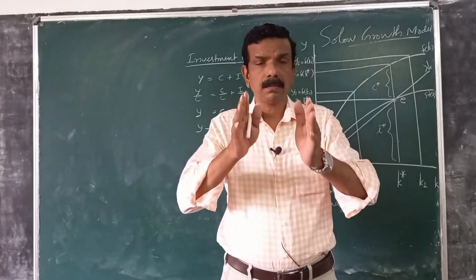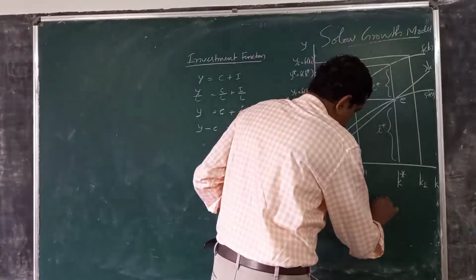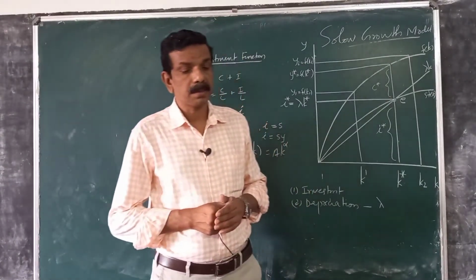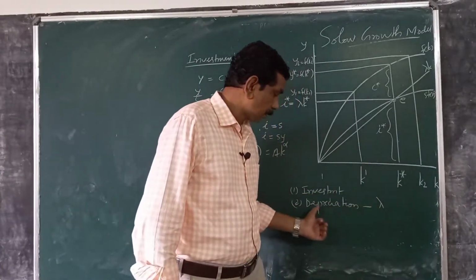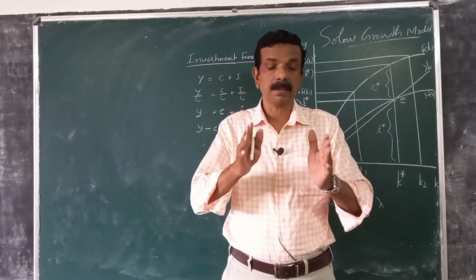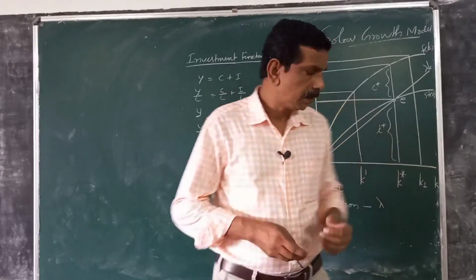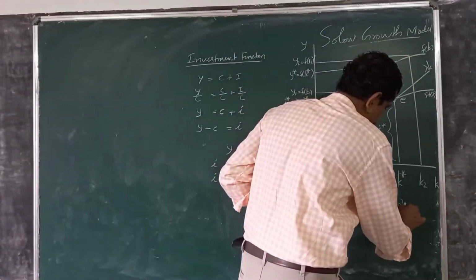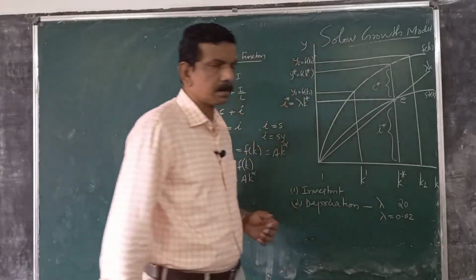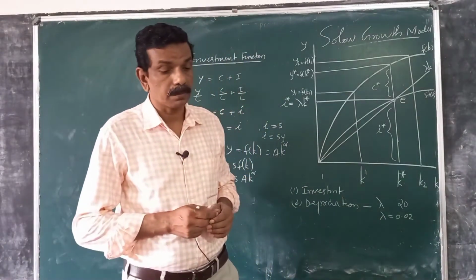And Solow model assumes that a constant fraction lambda of the capital stock is depreciated every year. For example, if a capital stock will last for 20 years, then lambda is equal to 0.05.